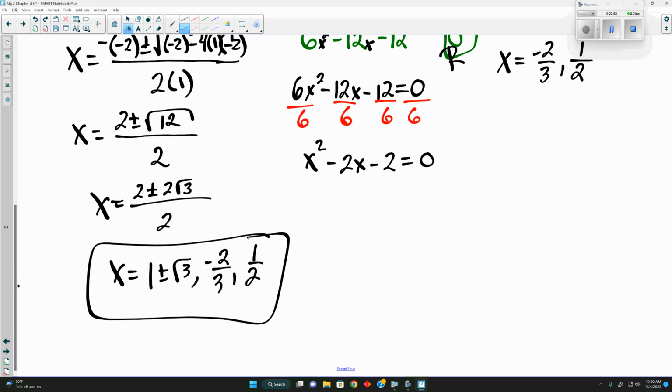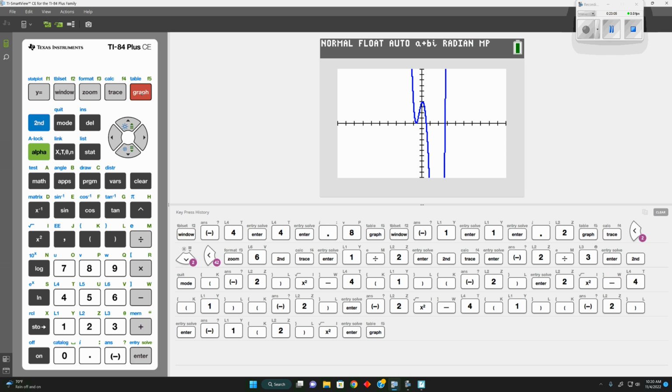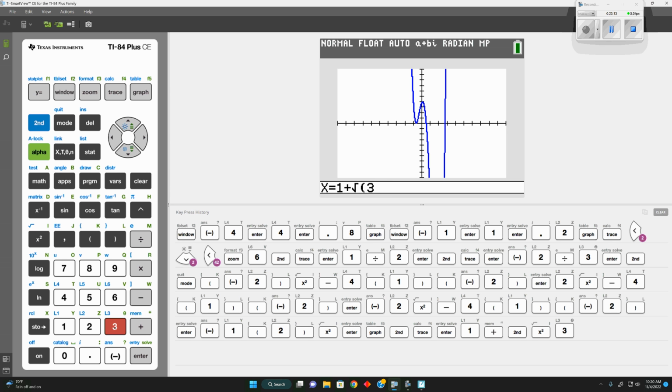Also, what we can do is even these here, 1 plus the square root of 3. So on the graphing calculator, we have it typed in, yes? I can go second trace value, 1 plus second square root 3, because that's one of our solutions, yes? Enter. And this here, that 7.8 times e to the negative 12th is essentially 0.